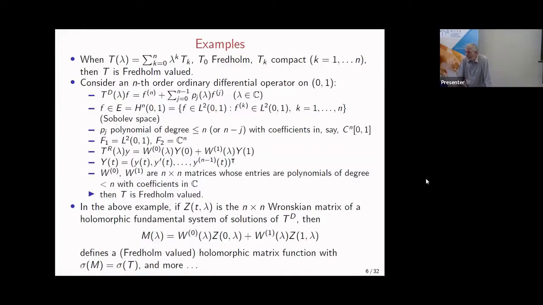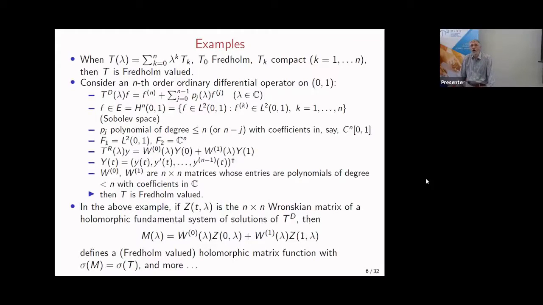we have seen before that holomorphic operator functions occur naturally when we take inverses, but they also occur here in a different context. Namely, when we take for Z of t and lambda a holomorphic fundamental system of solutions of the differential equation, then the function M of lambda, W0 of lambda Z0 of lambda plus W1 of lambda Z1 of lambda, means we substitute the fundamental system into the boundary condition.